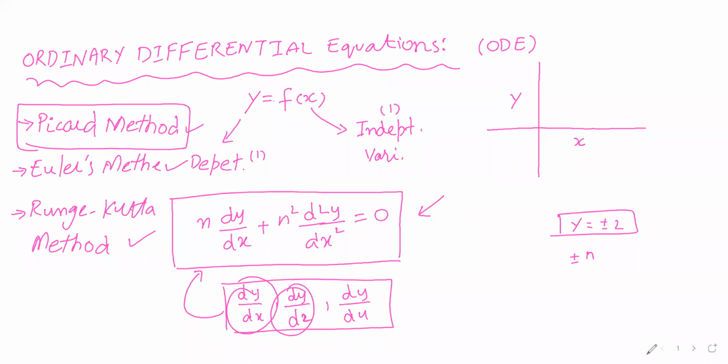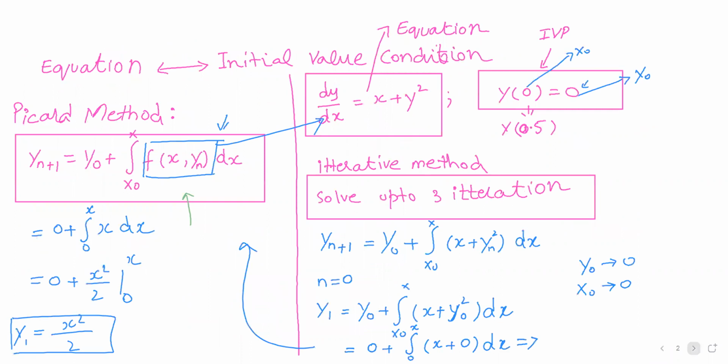If there is more than one, then we call it a partial differential equation. For the solution of ordinary differential equations, the first method we talked about is the Picard method, and then we will talk about Euler's method and the Runge-Kutta method in our next class.